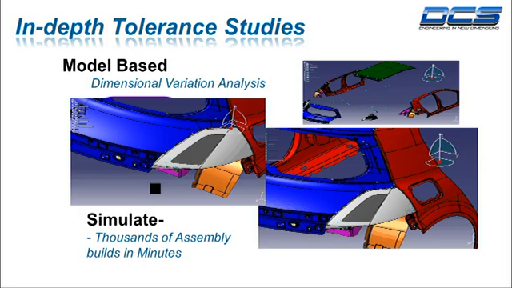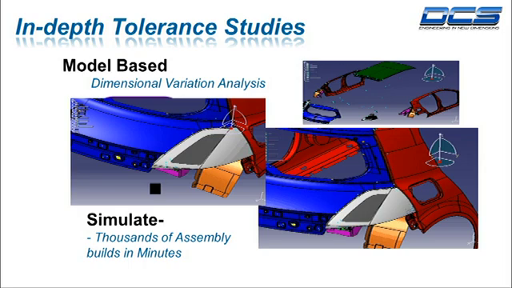And so we're seeing how these fits can be accomplished, and we see this picture in the upper right, where we see several little blue dots in space. Those little blue dots represent the tooling locators that are used in the plant to align all of these parts before the welding process takes place.